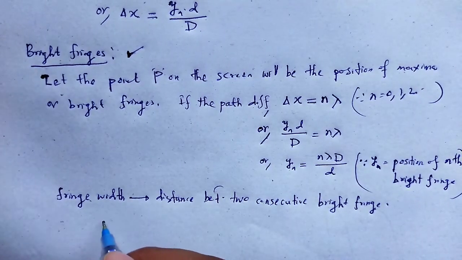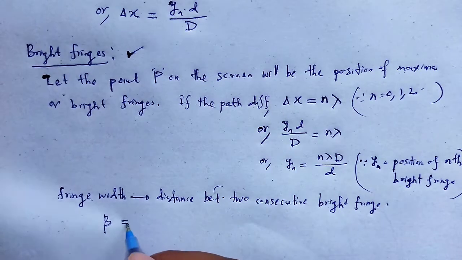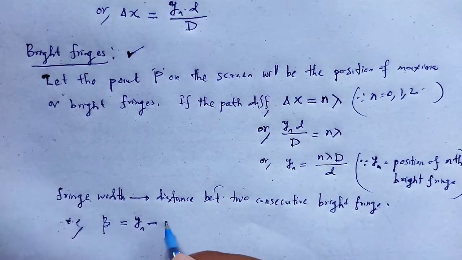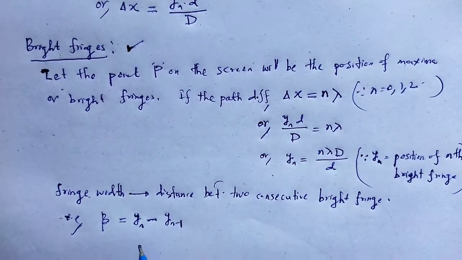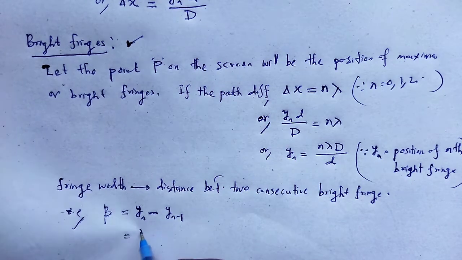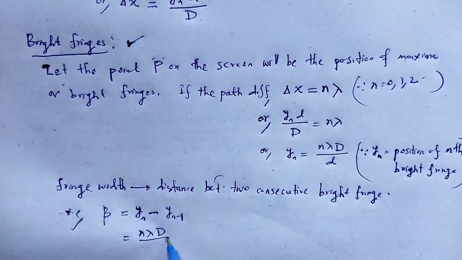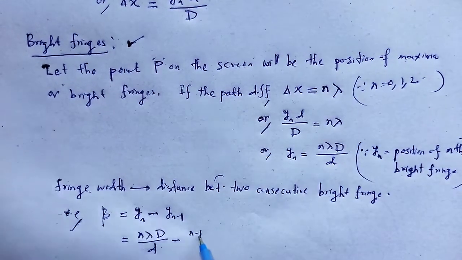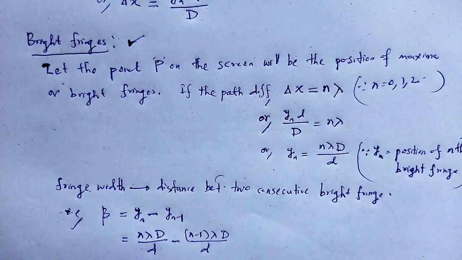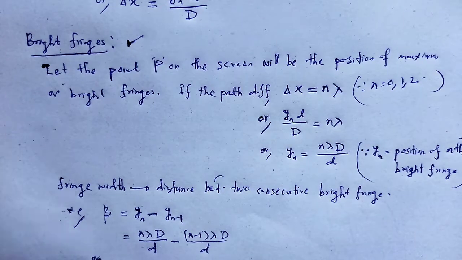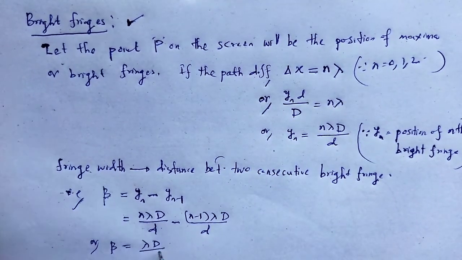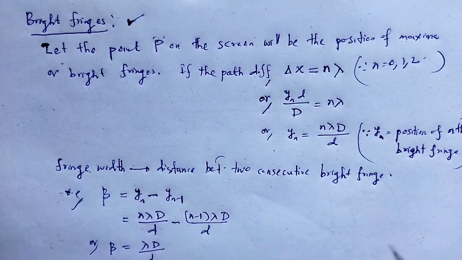That fringe width beta is equal to yn minus yn minus 1, the position of the n minus 1th bright fringe, that is n lambda D by d minus n minus 1 lambda D by d. On solving this, fringe width beta is equal to lambda D by small d.